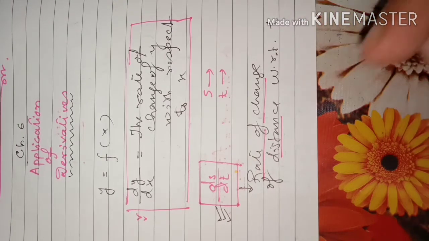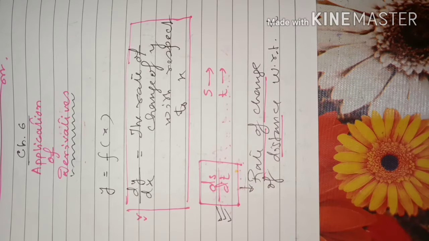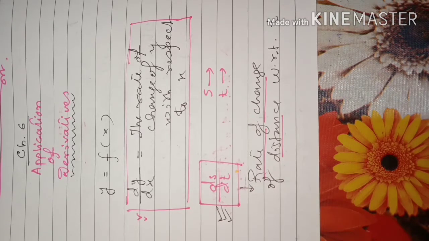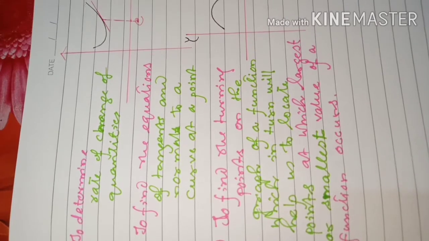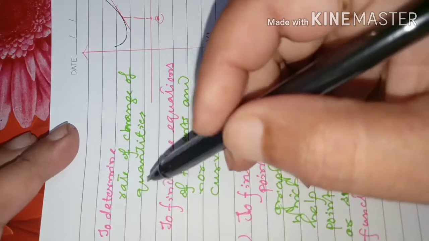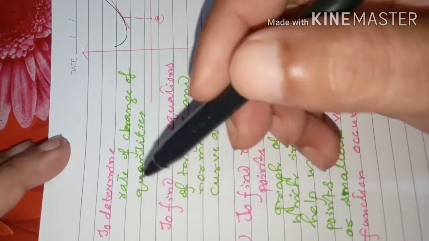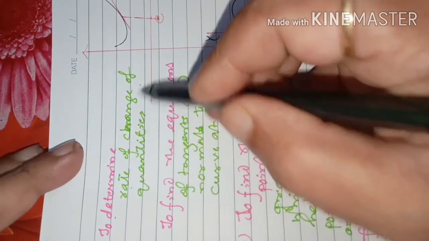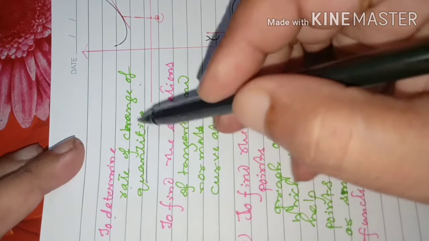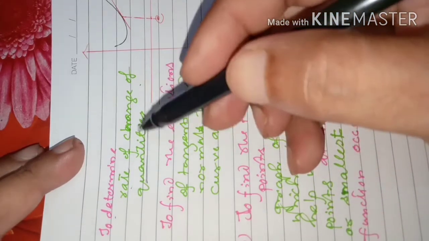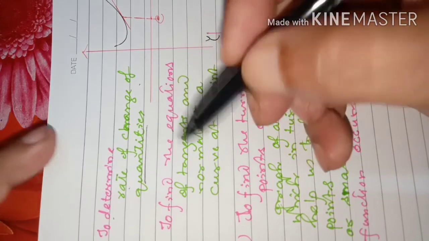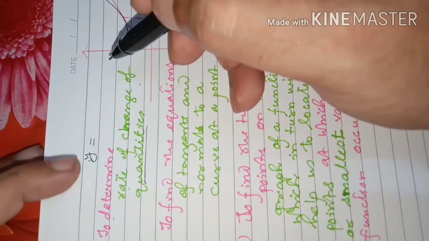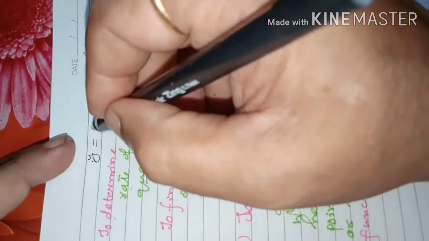The fields where the concept of derivatives can be used, I have listed here. These are some situations in which we can apply the concept of derivatives to determine the rate of change of quantities, meaning with respect to one quantity, how another quantity is changing, if the two quantities are connected by some rule, say y equal to f of x.